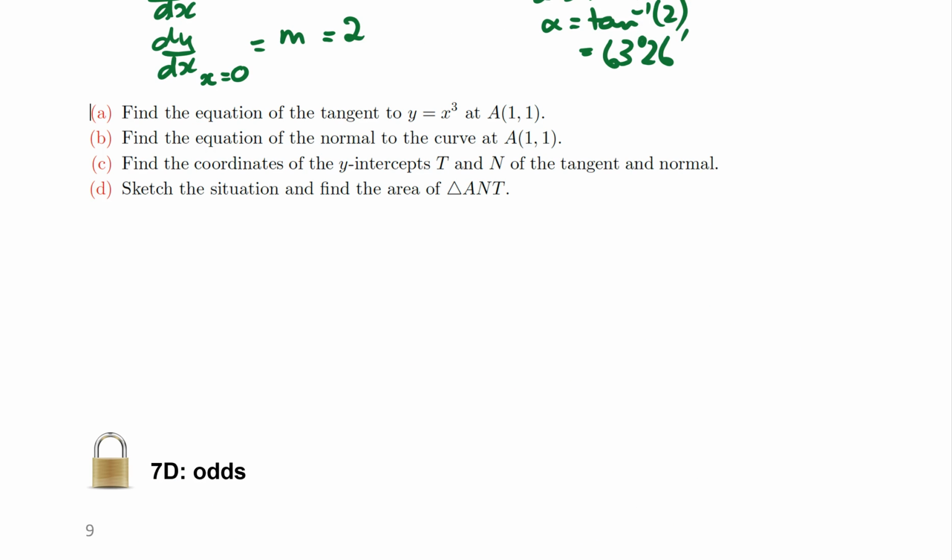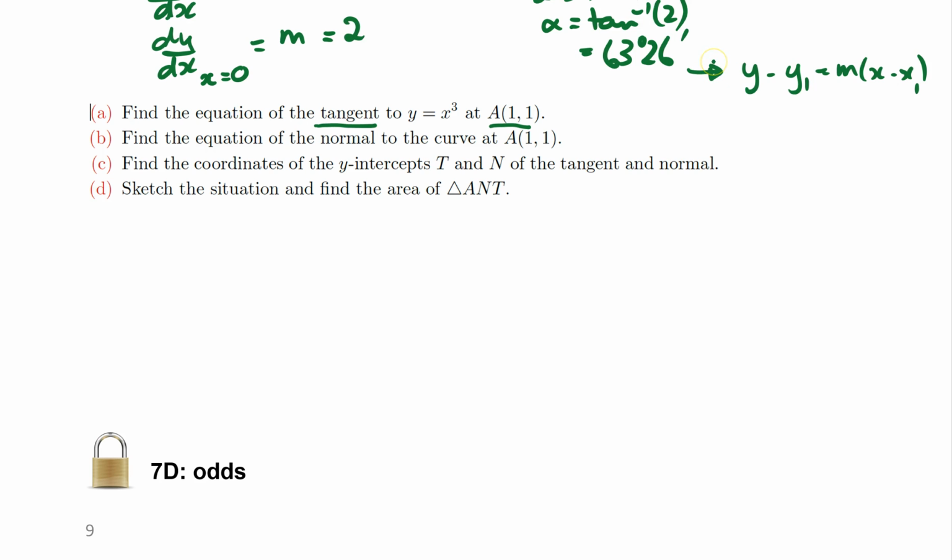Okay. Now our next question is perhaps more like the Extension 1 questions you'll face. I haven't got a lot of space here, so I'm going to squeeze things up a little bit. Part A says find the equation of the tangent. So as above, the process where we found the slope of the tangent, and we've got a point that it passes through, the extra step is that we have to be able to substitute into y minus y1 equals m outside of x minus x1 if we're going to get the equation of a straight line.